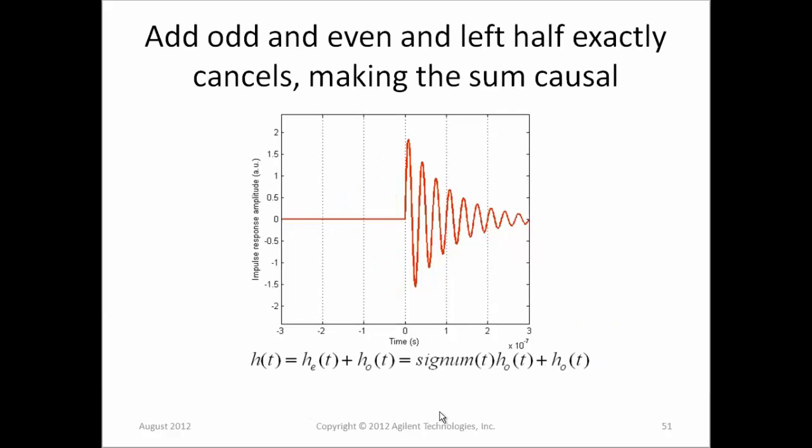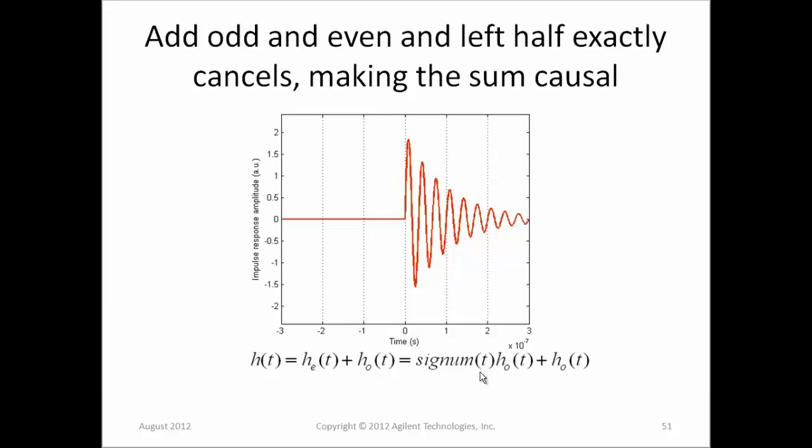Now here's a special case for a causal function. If I add that product of the signum function times the odd, plus the odd function, the left-hand halves exactly cancel. If you remember, the left-hand half of my even function was just a flip over of the left-hand half of my odd function.